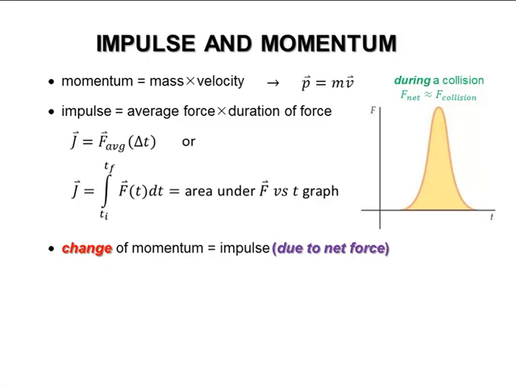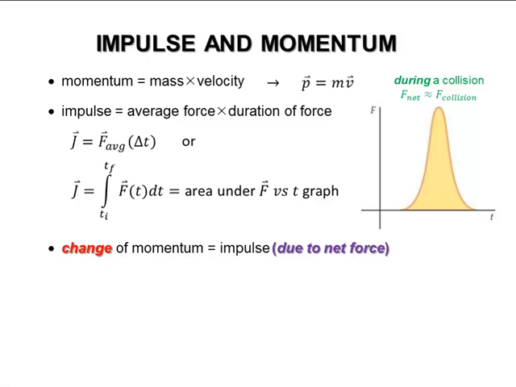And during a situation like that, the net force is, for all intents and purposes, just the force due to the collision itself. In the example of the baseball and the bat, in addition to the force exerted by the bat on the baseball, the baseball is also going to experience some air resistance and a gravitational force. But during the time the baseball and bat are actually in contact, those other two forces are absolutely irrelevant.